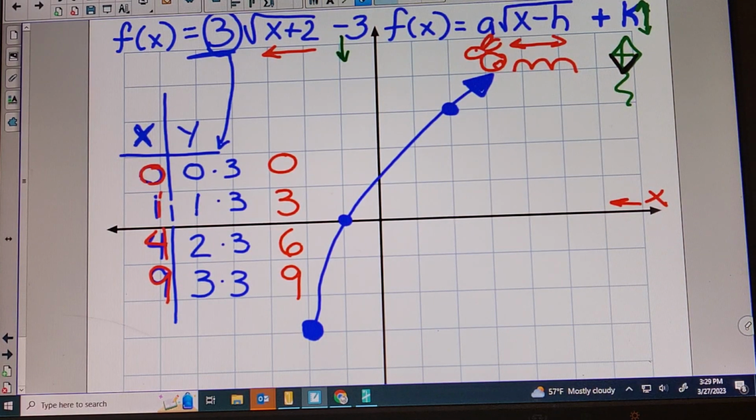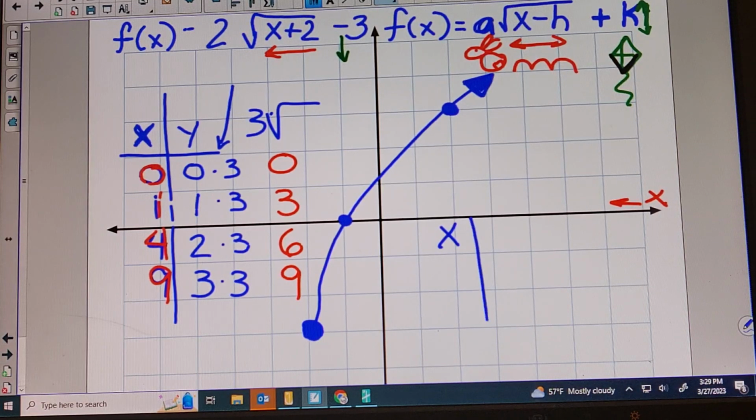All right. I have suggested that students create a table that would represent this square root. This would be the table that I've created here for the 3, with a 3 in front. I suggested that kids make a table with an x and a square root value.